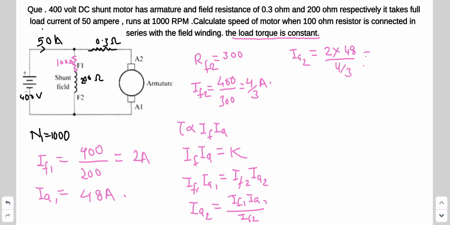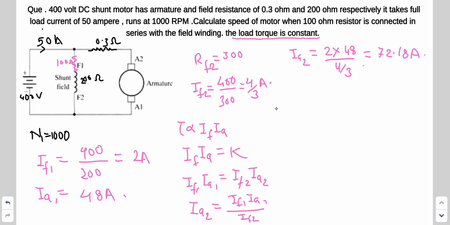If we calculate, this value comes out as 72.18 ampere. So this is the value of the armature current in the second condition. Now we have to find the speed of the motor.